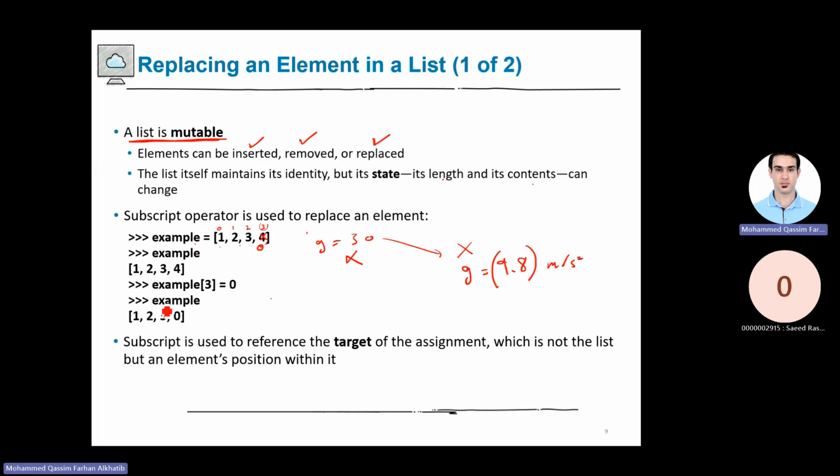So when you print, example equals 1, 2, 3, and 0. Replacing was easy. So subscript is used to reference the target index of the assignment, which is not the list, but the element's position within the list. Once you have the subscript, you do not target the whole list, you are targeting elements in that list.